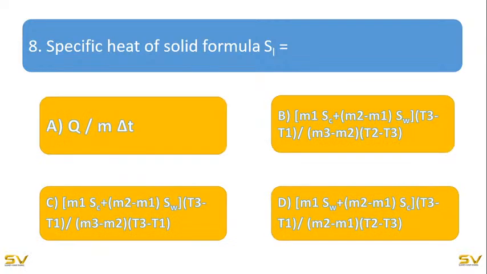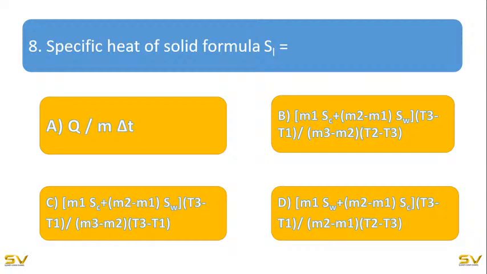Is it Q by M delta T, or M1 SC plus M2 minus M1 into SW T3 minus T1 by M3 minus M2 into T2 minus T3, or M1 SC plus M2 minus M1 into SW T3 minus T1 into M3 minus M2 into T3 minus T1, or M1 SW plus M2 minus M1 into SC into T3 minus T1 into M2 minus M1 into T2 minus T3?